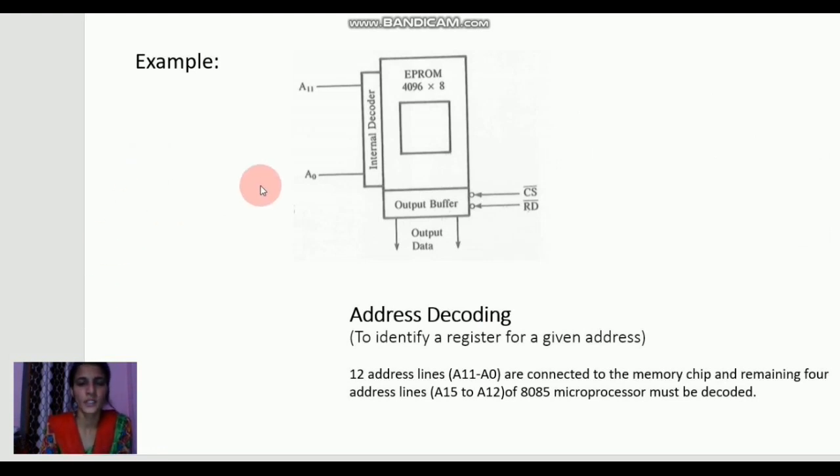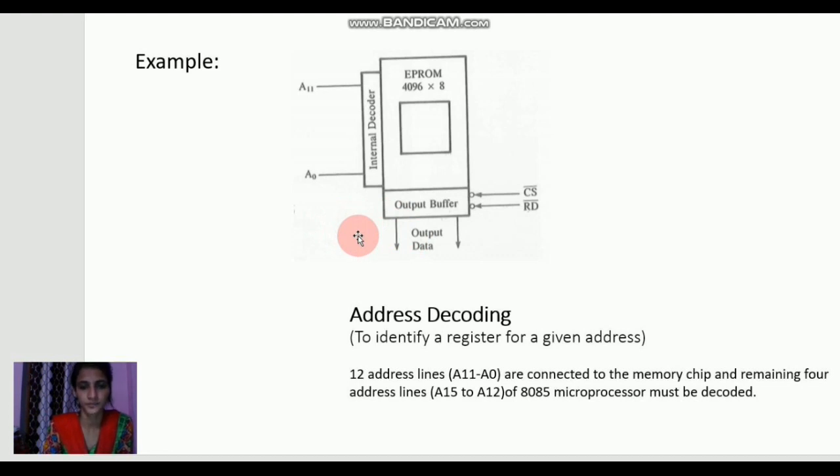Suppose we want to interface the EEPROM chip of memory 4096 into 8. Since it has 4K, or say 2 to the power 12 registers, we need 12 address lines to this chip for internal selection of locations. Let that be A11 to A0. Now the remaining 4 bits A15, A14, A13 and A12 could be used to select the chip.